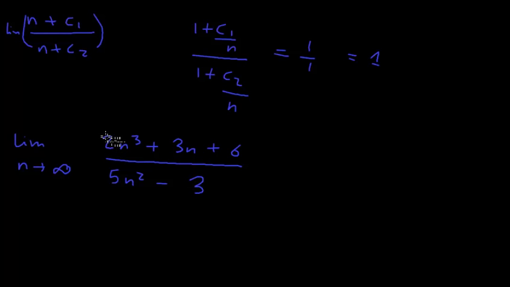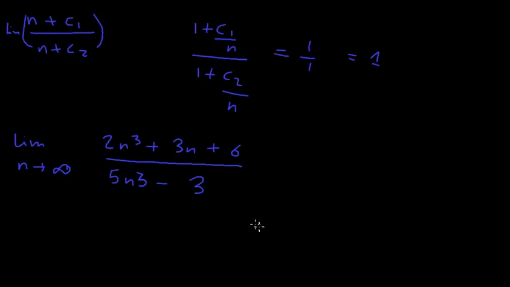If that's the case, then its limit would be the ratio of the terms of highest degree of n. So in this case, the coefficient of n cubed is 2 and 5, so this limit should tend to 2 over 5.